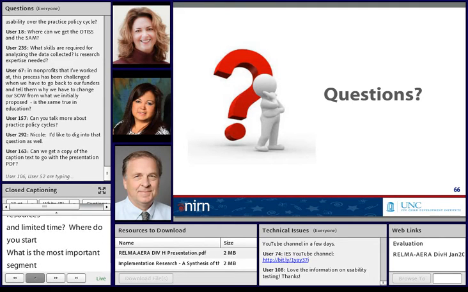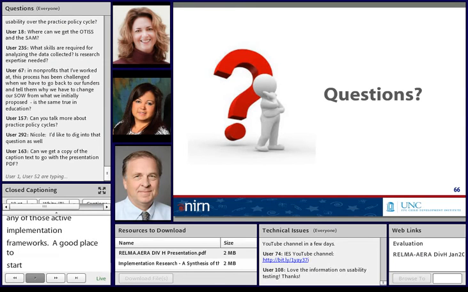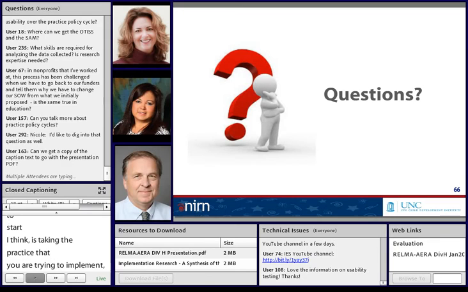Yeah, you can find your way into implementation science in many different ways with any of those active implementation frameworks. A good place to start, I think, is taking the practice that you're trying to implement and really looking at whether or not I have it clear. Are the essential components or the active ingredients known, and are they clearly defined?